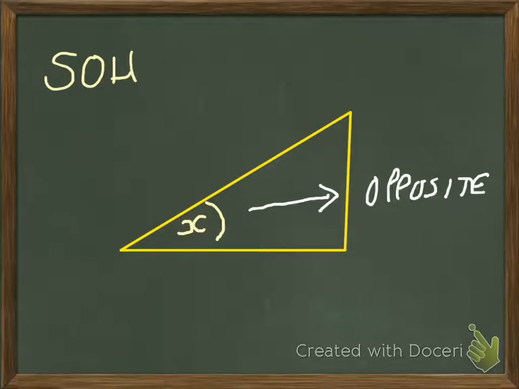The next convention is that wherever the angle is, the longest side is always called the hypotenuse. So just to reiterate, it's always the longest side of the triangle. And then the next one is the adjacent, and adjacent means next to the angle itself.